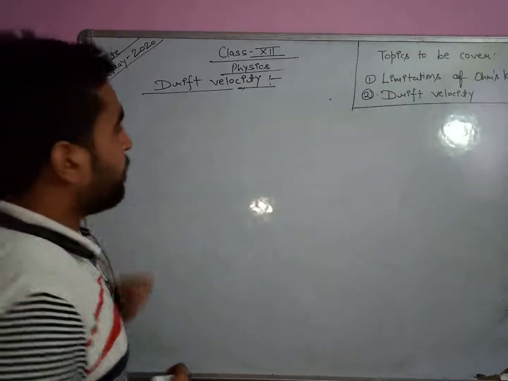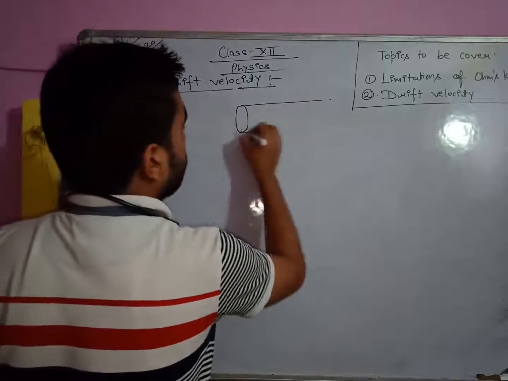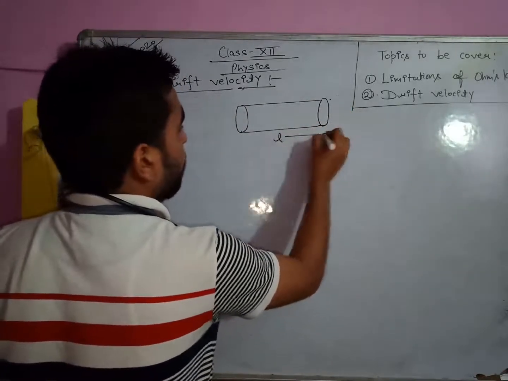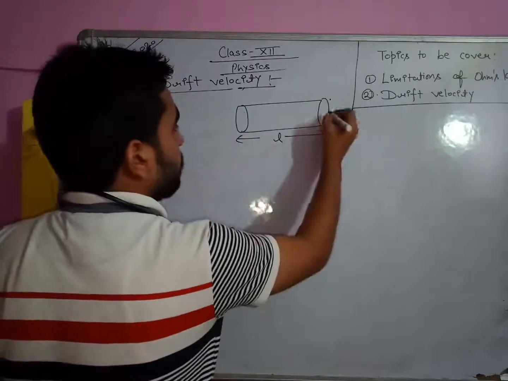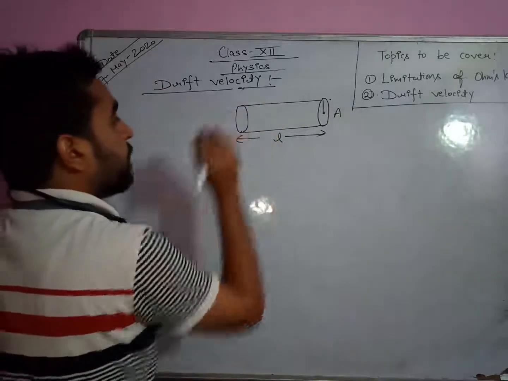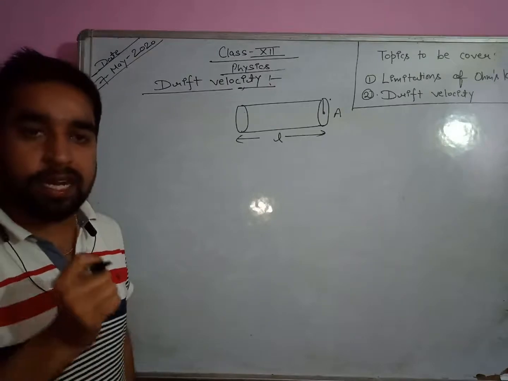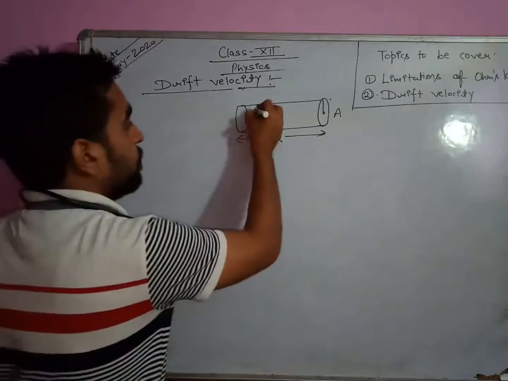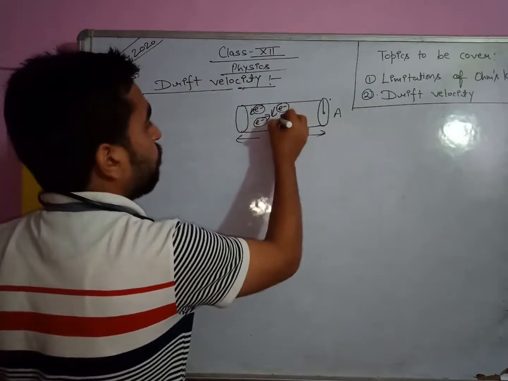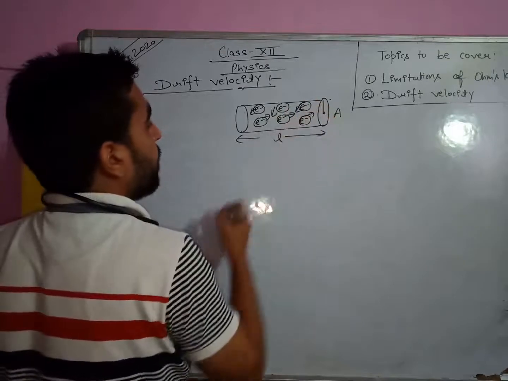Let me draw a conductor. This conductor is of cylindrical shape. Suppose the length of the conductor is L, and the cross-section area is A. What is the condition inside a conductor? In a conductor there are a number of electrons which move in random directions in the absence of potential difference.